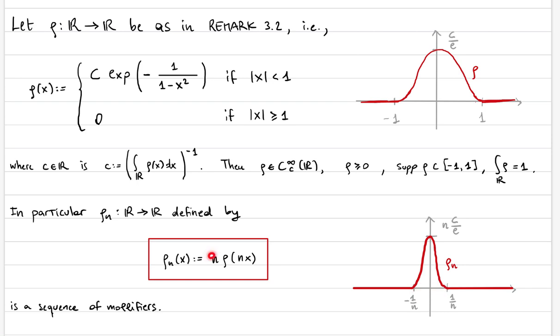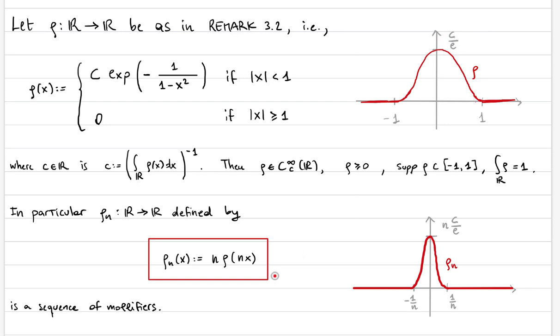But at the same time we are increasing the height of the function, and the maximum value becomes n c over e, whereas in the case of n equals 1, the original function rho, the maximum is c over e.